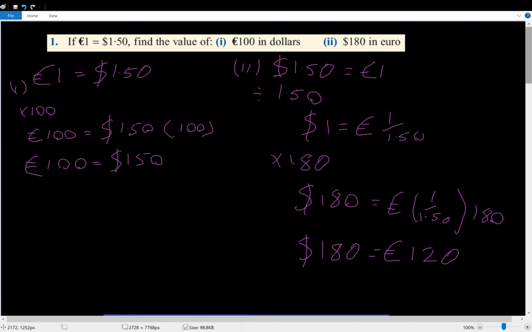So that's question 1 done out, where we've done an exchange rate, where we've been given the euro to dollar, and we've worked out a euro transaction to dollars and a dollar transaction to euros.